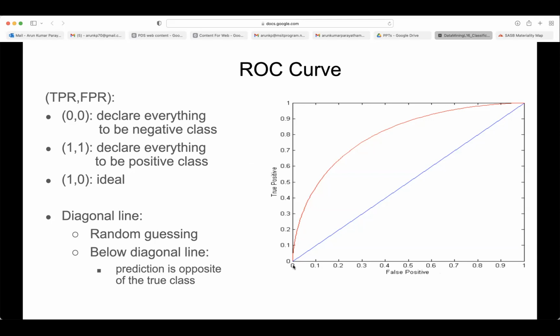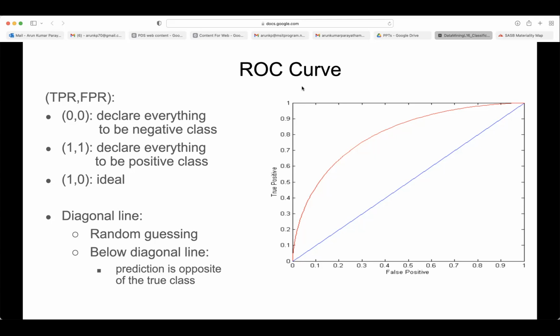Because you predicted every negative as negative, there is no false positive rate. You haven't classified any negative as positive, right? There are no false positives, so that is 0. You are also unable to recall even one of the positives, so the true positive rate is also 0.